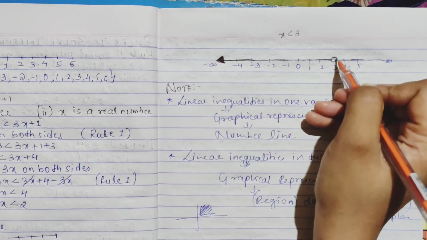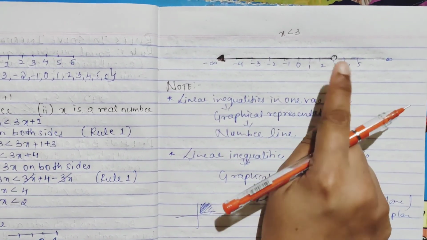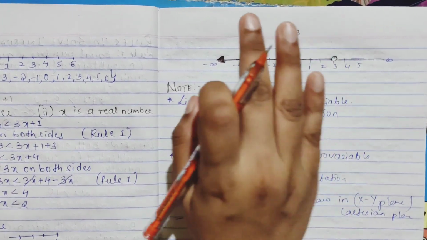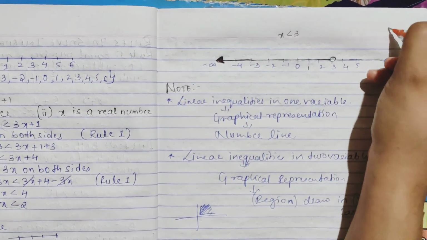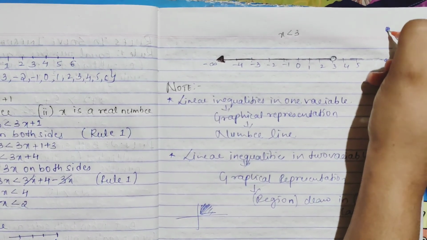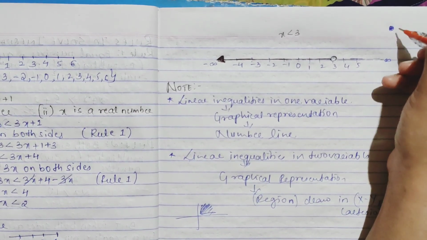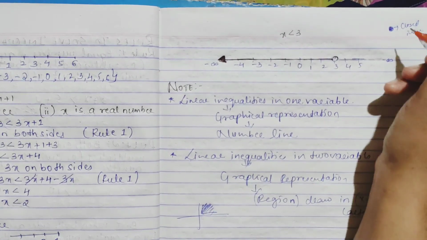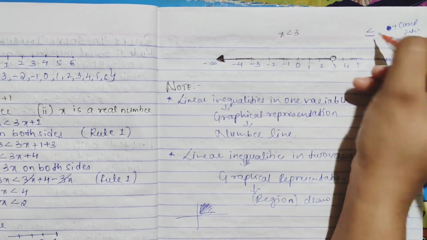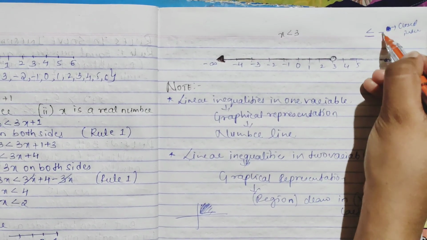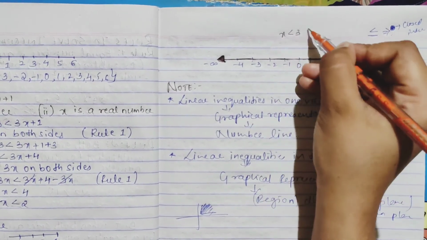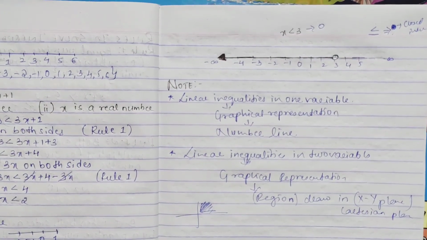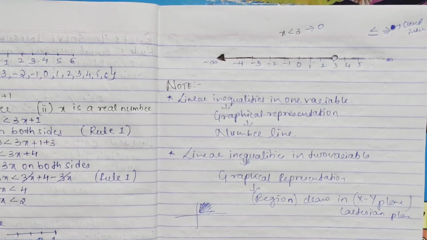Don't shade it, because x is less than 3 means 3 is not included. If you shade it, that number is included, which means a closed interval. That comes when it is less than or equal to. Only less than means it will be open. Understood?